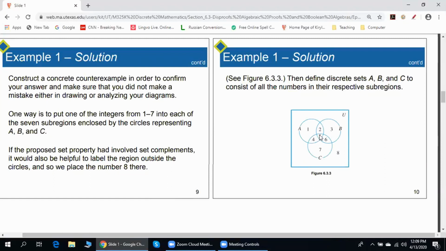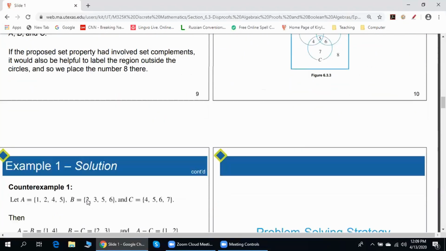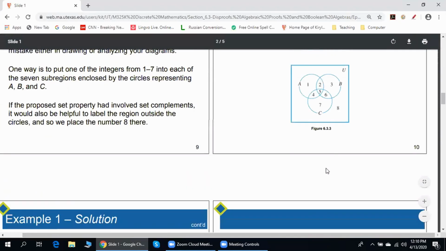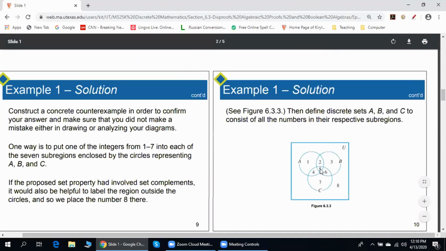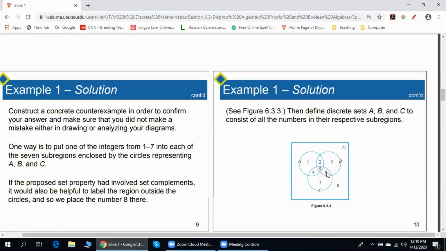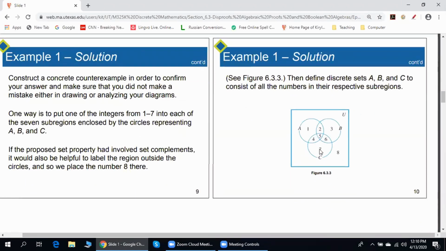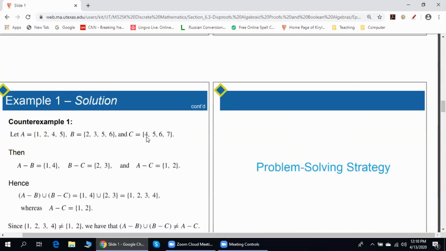Similarly, B consists of the following numbers: 2, 3, 5, 6. It's exactly what we see here: 2, 3, 5, 6. Lastly, set C consists of the following numbers: 4, 5, 6, 7. It's exactly what we have here: 4, 5, 6, 7.